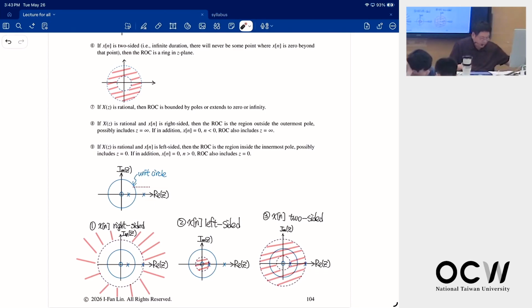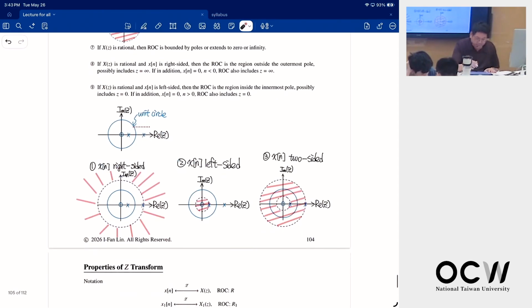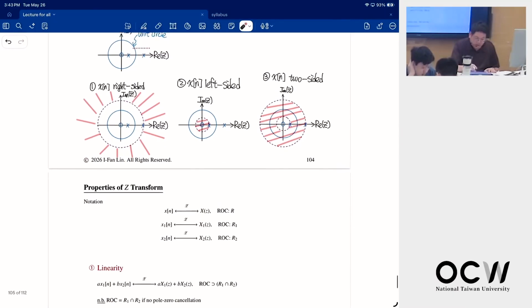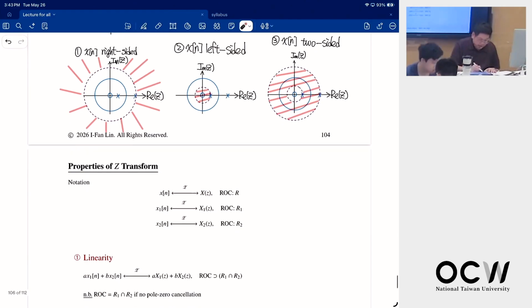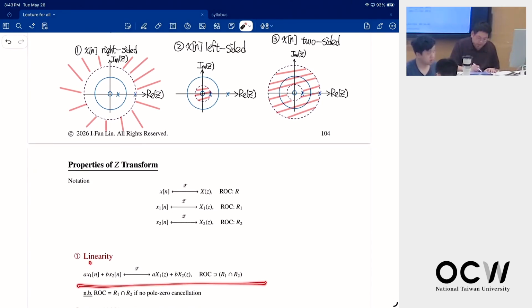Right, now let's see the properties of the Z transform. For the signal with Z transform X, we have region of convergence R. Another signal has Z transform X1 with region of convergence R1, followed by another signal with Z transform X2, region of convergence R2. Linearity is the same as the Laplace transform.